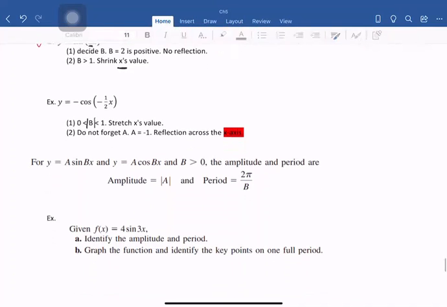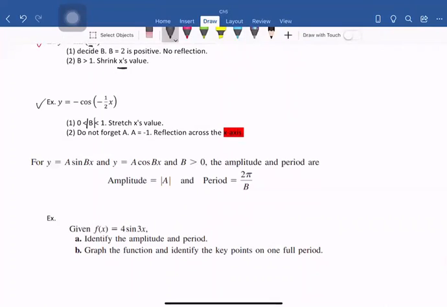Next one, y equals negative cosine negative 1/2 x. When I see this, I'd like to make it into positive things, because the cosine function is an even function.